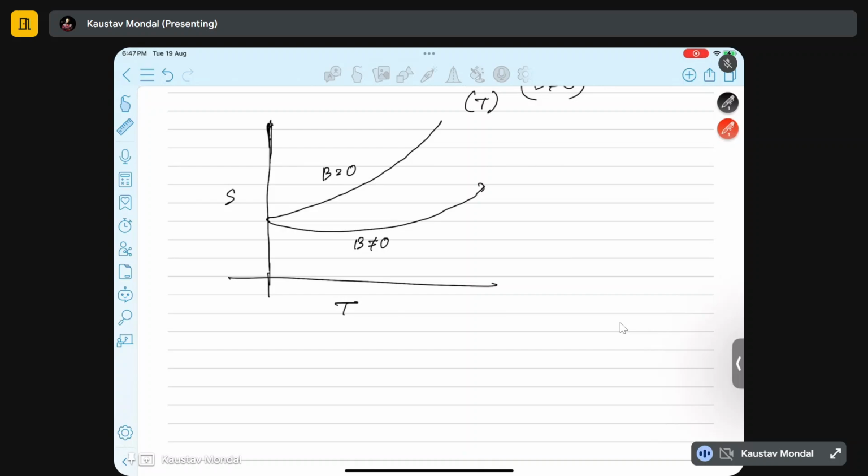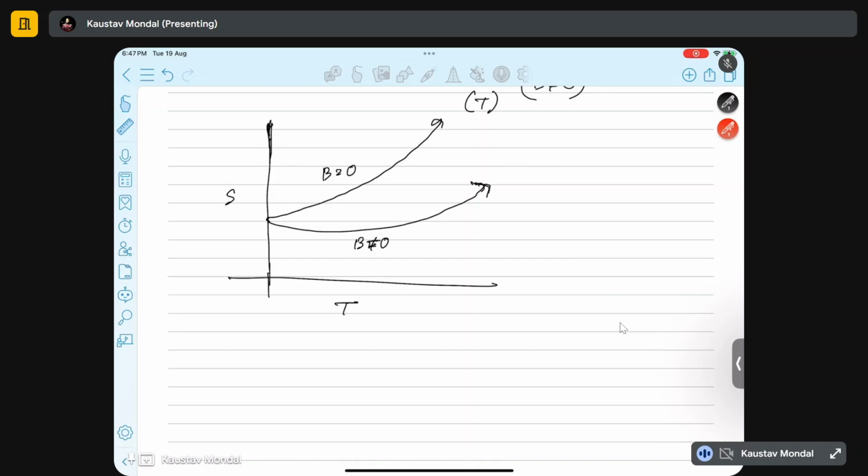When you increase the temperature, its entropy will change in a much more rapid way compared to the case where the field is not equal to 0. That means that some inherent ordering exists in the system. So that's why its change in entropy with temperature will be much slower compared to the unmagnetized one.